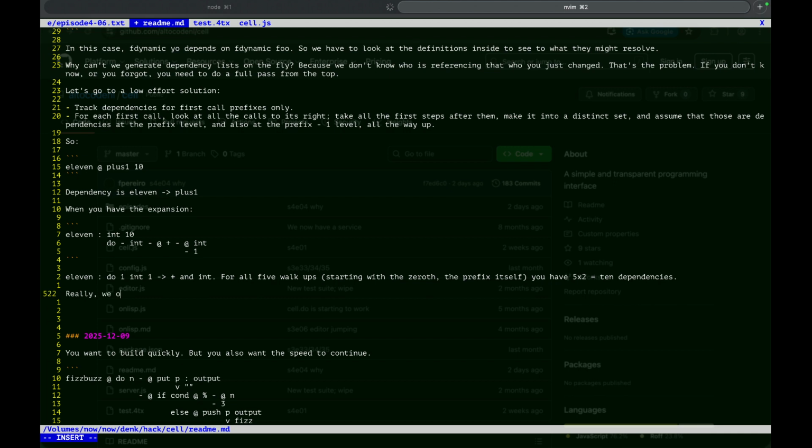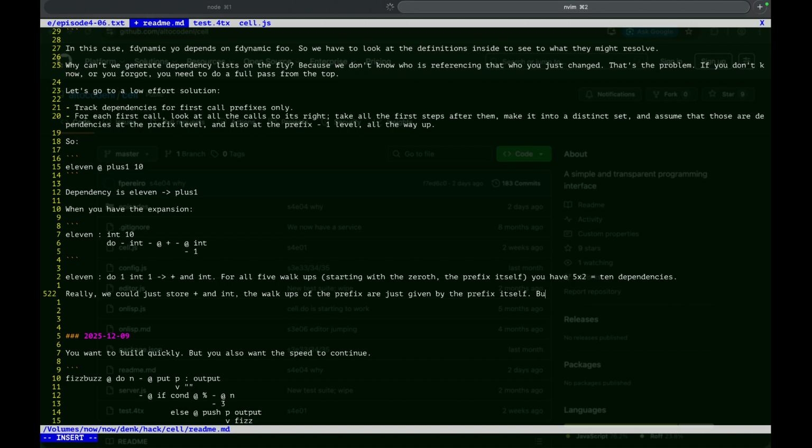Really, we could just store plus and int. The walkups of the prefix are just given by the prefix itself, right?